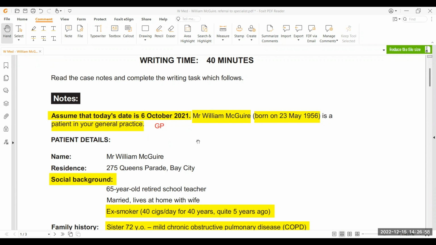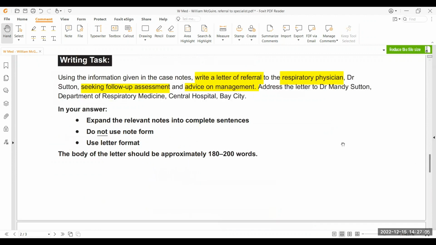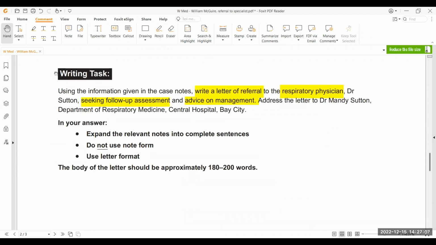Yeah. And so after which we really want to just have a read of the very last information on the case note, because this is where you will find, okay, most of the time the writing task will tell you what type of letter you're supposed to write.